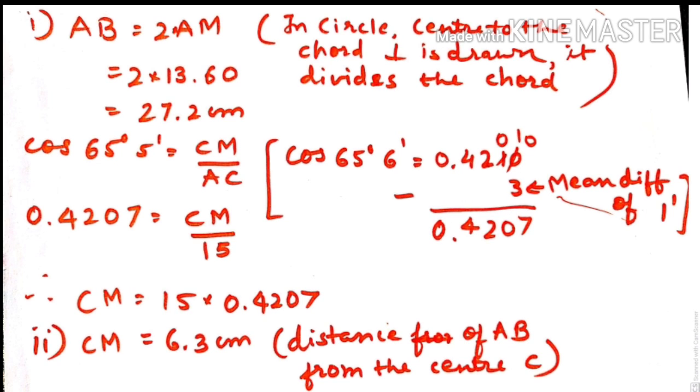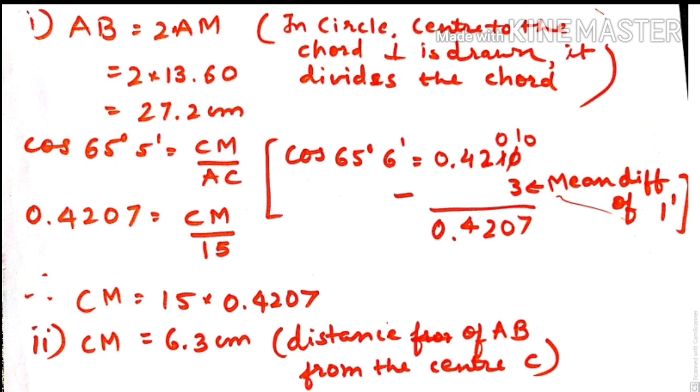Again for the value of cos 65 degrees 5 minutes, we will see our natural cosine table. I get 65 degrees 6 minutes, that is 1 minute more than the required value. So I wrote 0.4210, which you get in the 6 minute column, but there is a difference of 1.